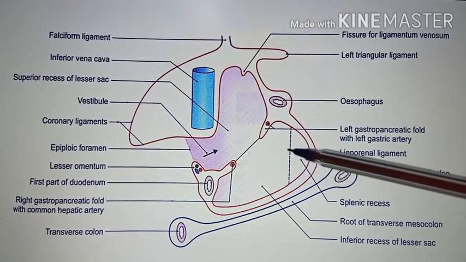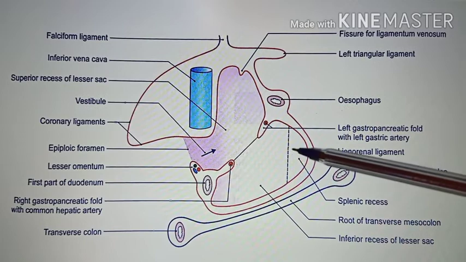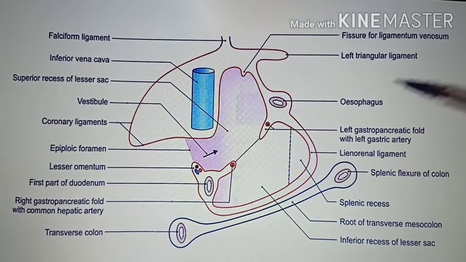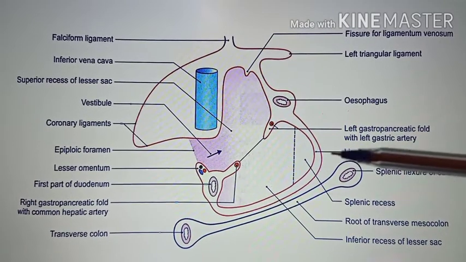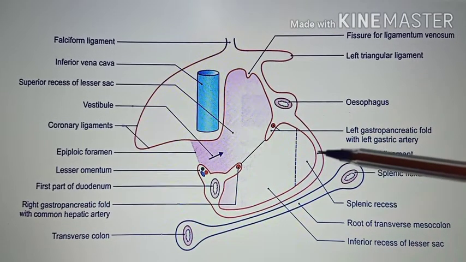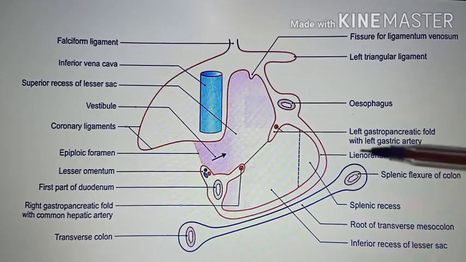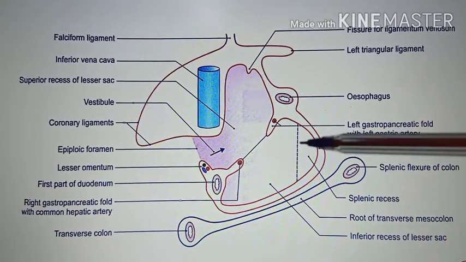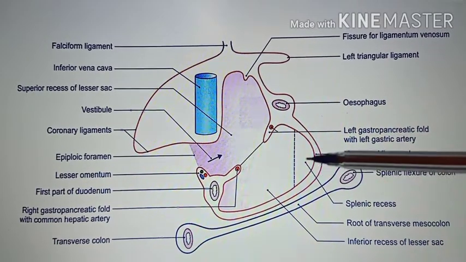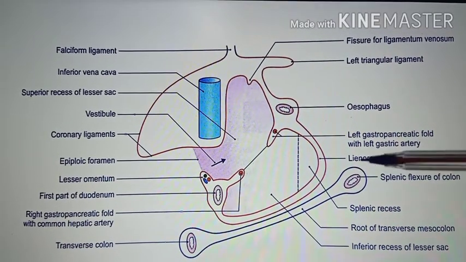This splenic recess of the lesser sac lies between the two ligaments, the gastrosplenic ligament as well as the lieno-renal ligament. This is the lieno-renal ligament, and the gastrosplenic ligament you are not able to see in this picture. So it is lying in between these two.